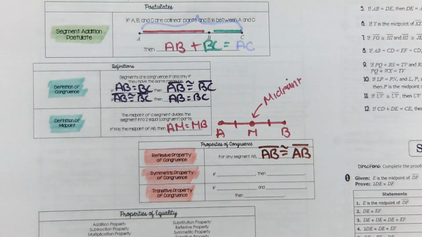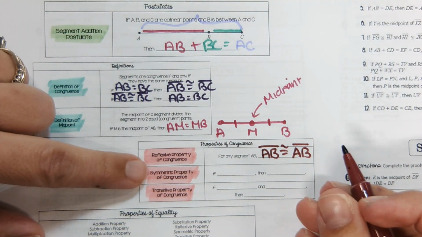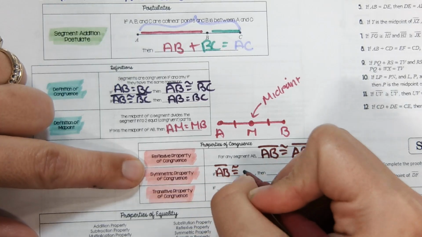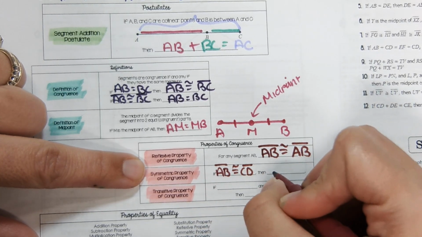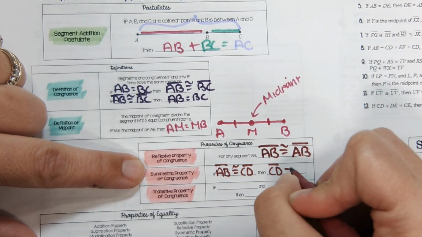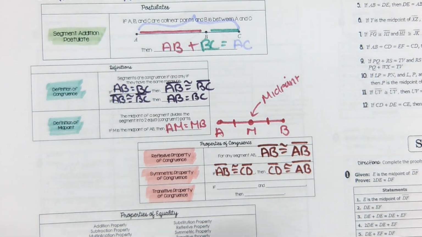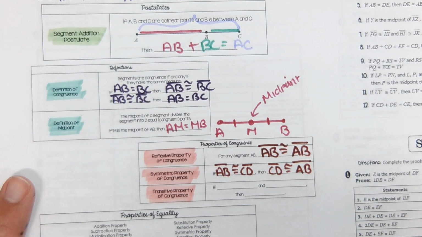Why do we need to define that? You'll see in some of the examples why we define that, but not today. And then symmetric property of congruence, that's like if AB is congruent to CD, then you can say that CD is congruent to AB. You can just change the order around the equal sign, and it's still equal, and that's symmetric property of congruence.